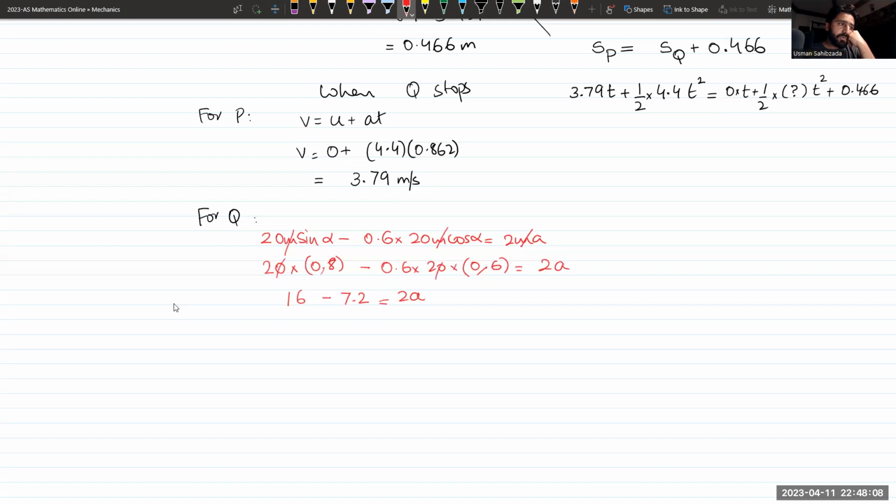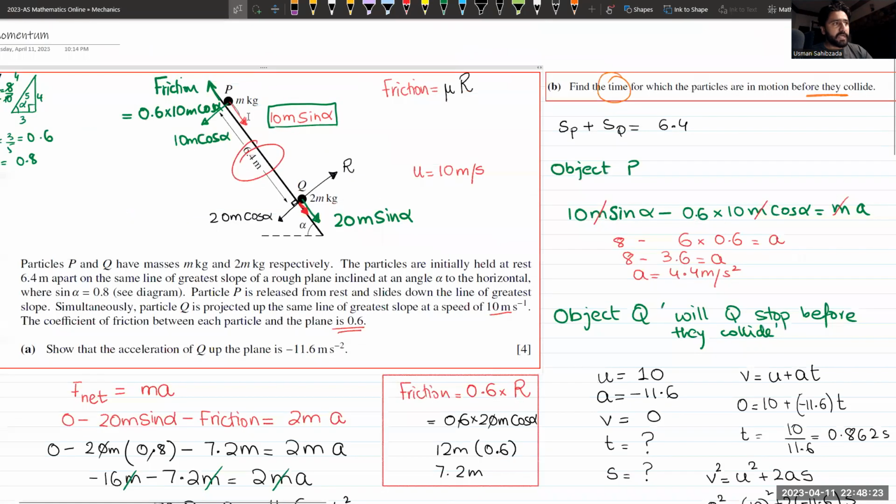This amounts to 8.8 equals 2a, and acceleration comes out as 4.4 meters per second squared. The acceleration is still the same. For P coming down from the top the acceleration is 4.4, and for Q also the acceleration is 4.4.